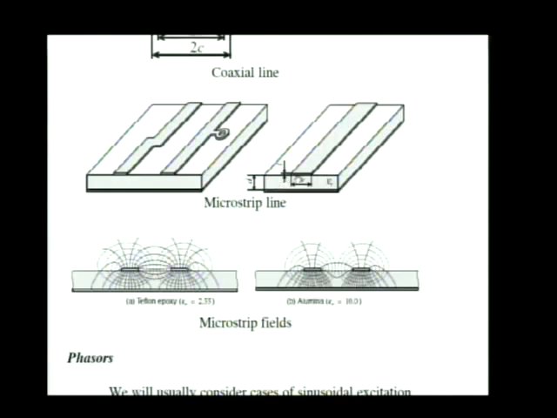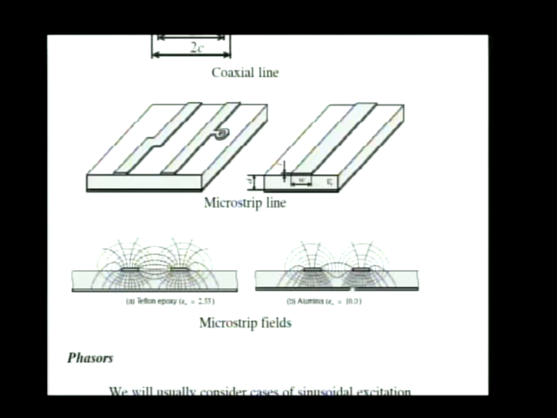Note that the fields are mainly confined to the area between the microstrip transmission line and the bottom conductor, which is often called the microstrip ground plane.